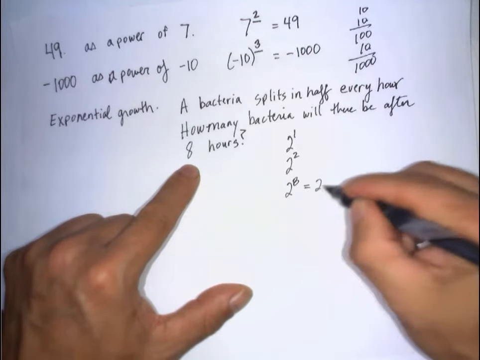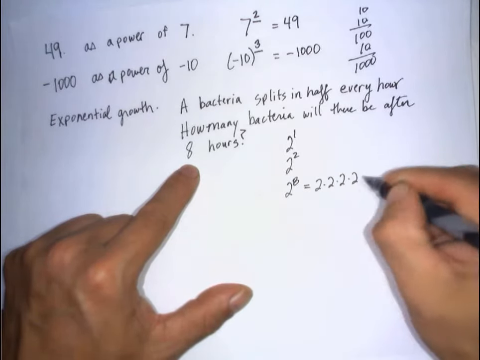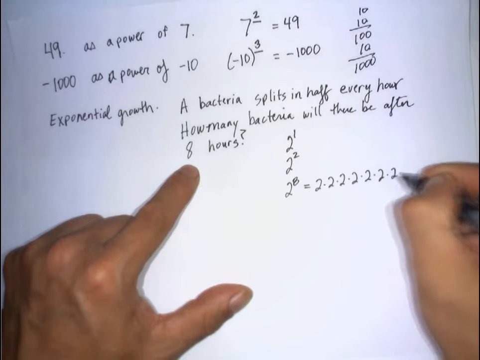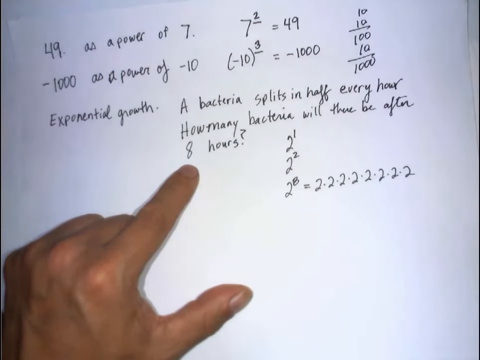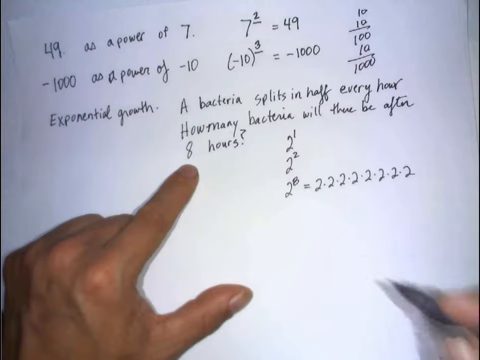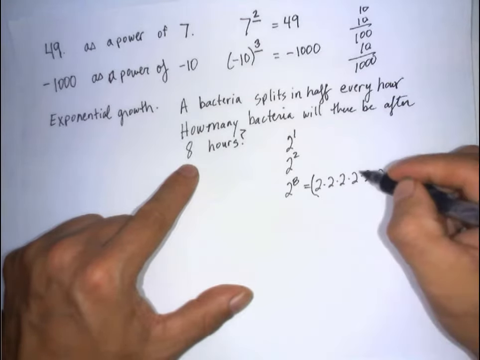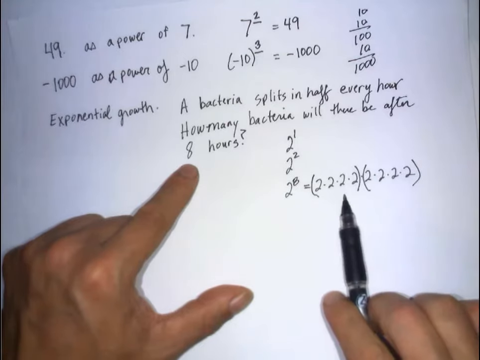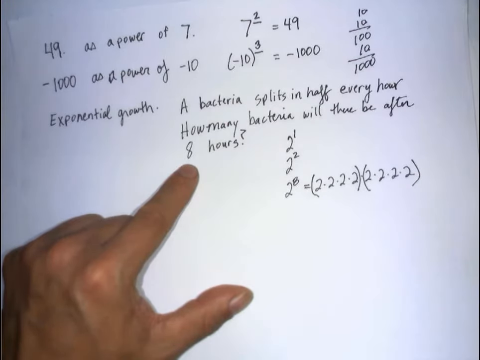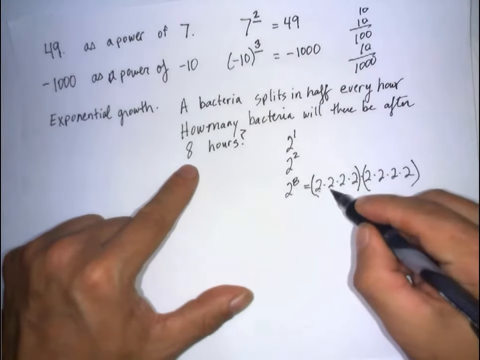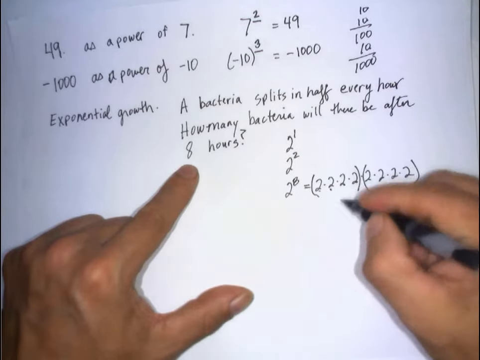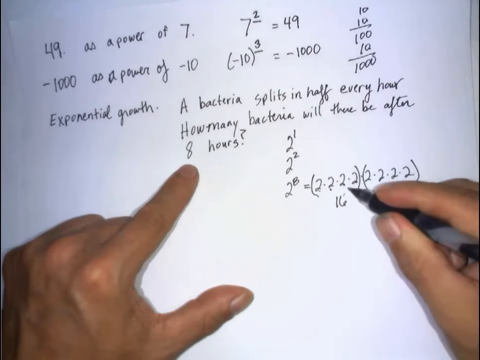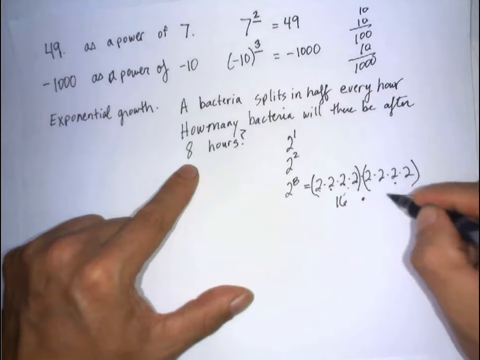It's 2 times 2 times 2 times 2 times 2 times 2 times 2 times 2. Let's see if we can break up some of these 2's a little bit better. 2 times 2 is 4, times 2 is 8, times 2 is 16. If this one is 16, this one must be 16 too.